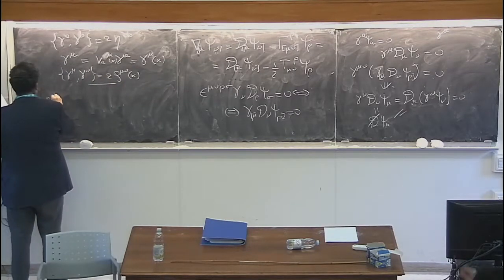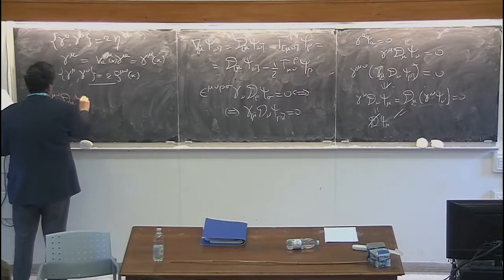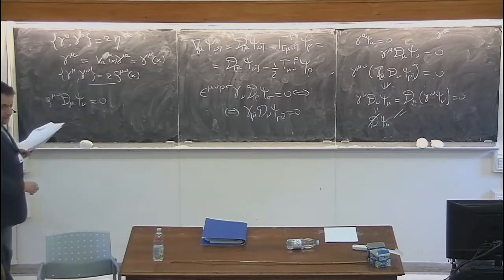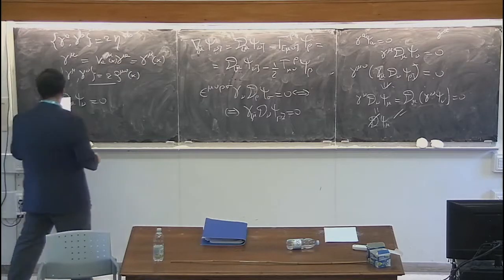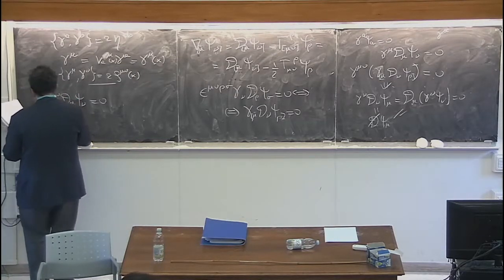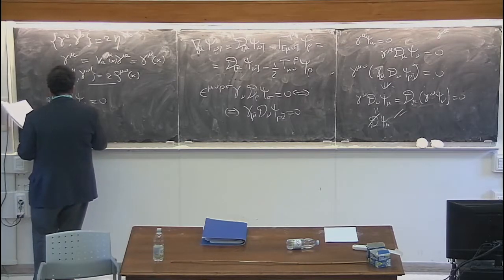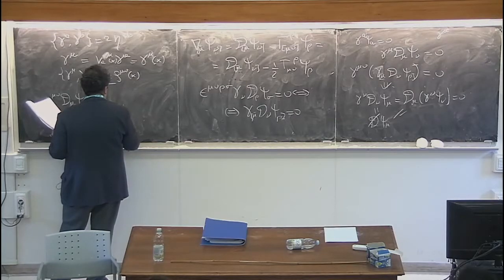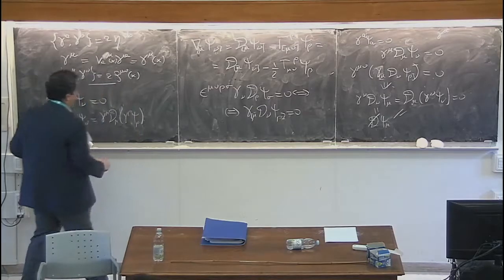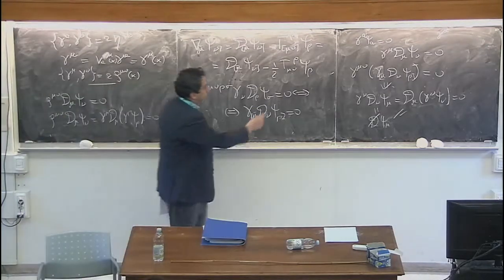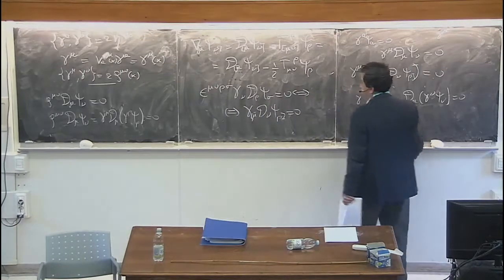You can also verify that gamma mu, D mu psi nu equals 0 in the same gauge choice. Because you can verify that gamma mu, D mu psi nu is equal to gamma mu D mu times gamma rho psi rho, and that is 0 if we use this gauge choice.